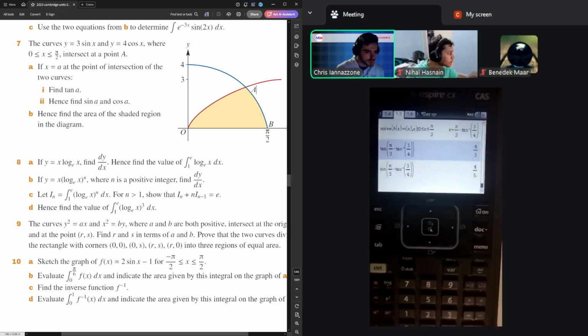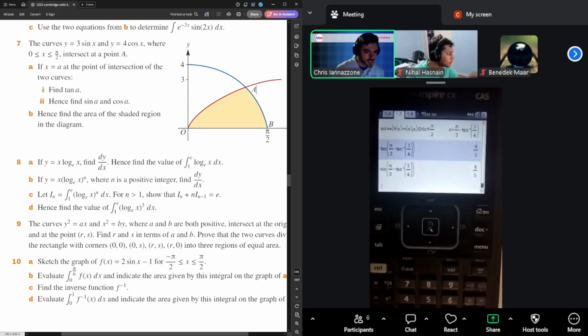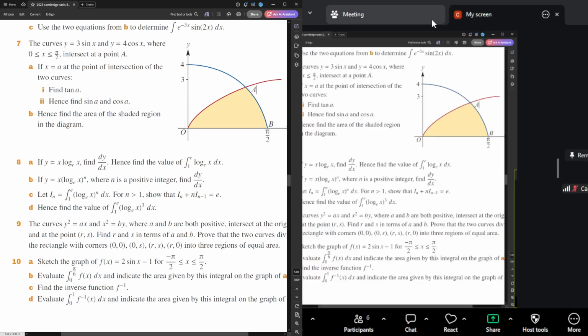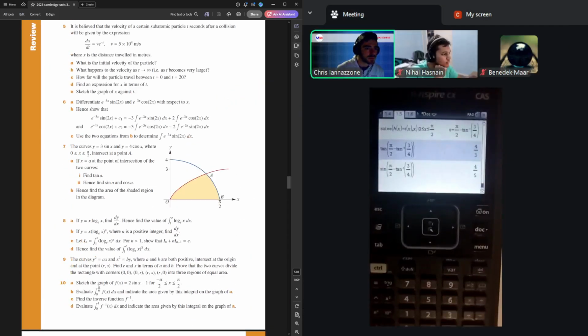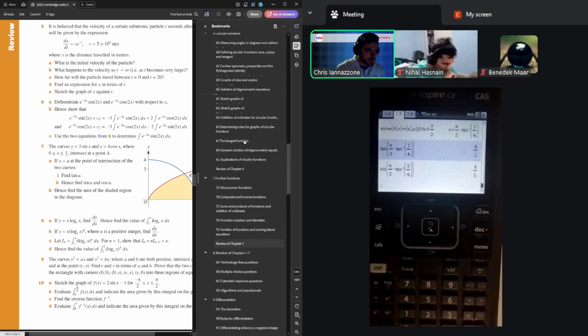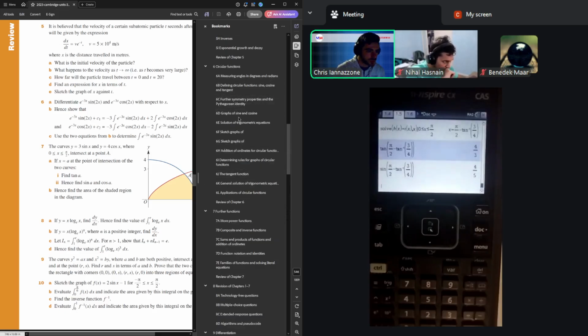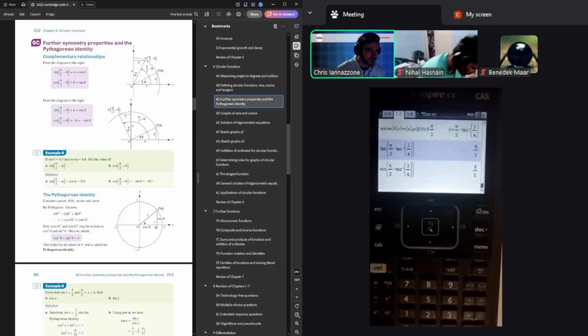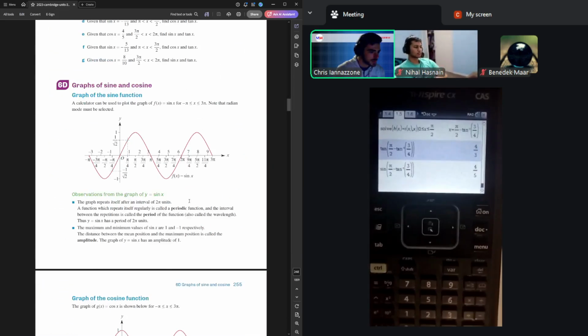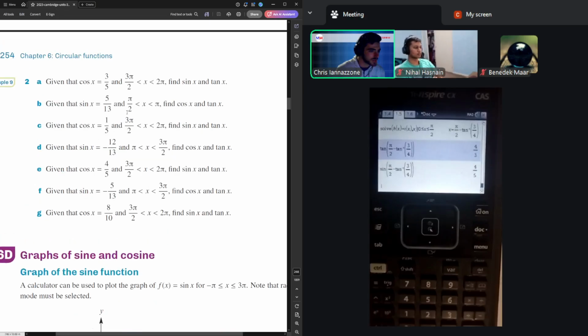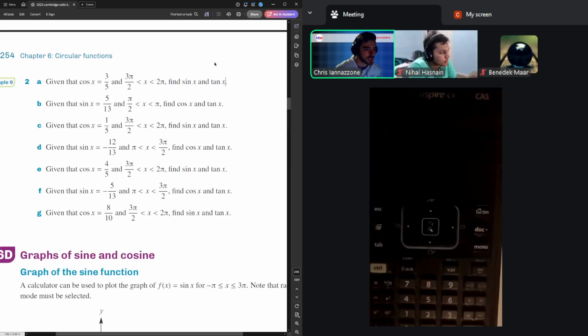The way that I was sort of thinking it comes closer to would be, if I pull back the screen share, in circular functions, I think in the symmetries. I was thinking of this stuff here, where you're told cos or sine is equal to a particular thing and you're given the domain, so you can find the other two remaining ones.